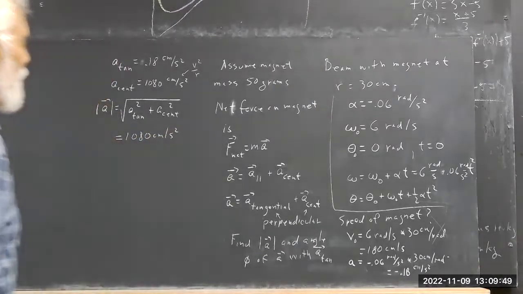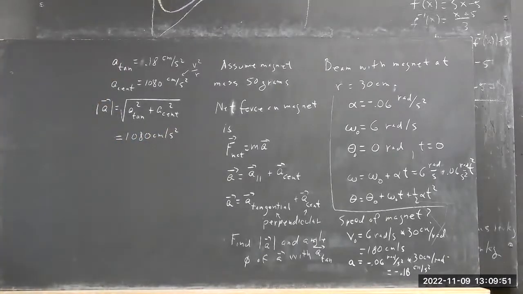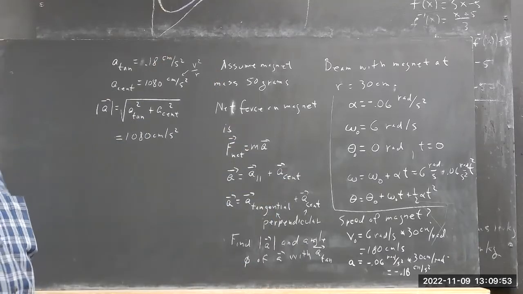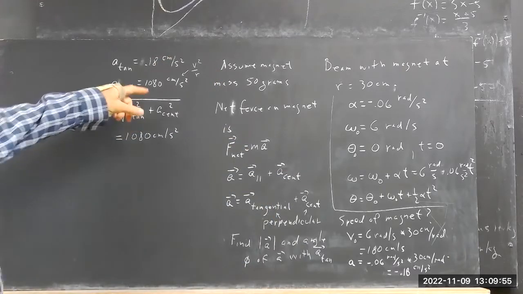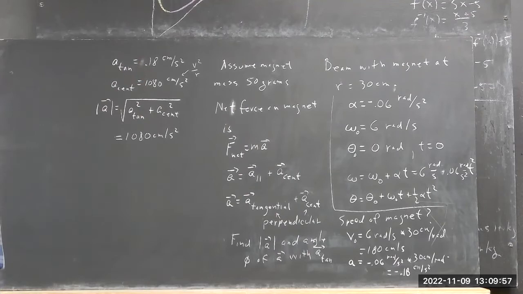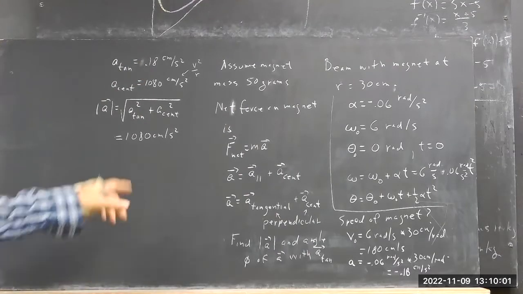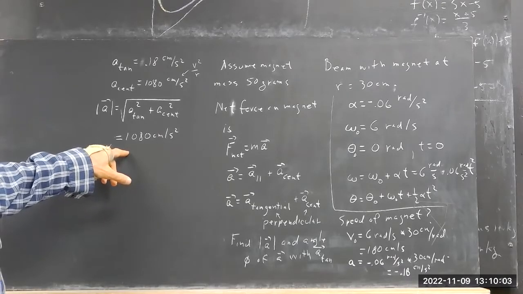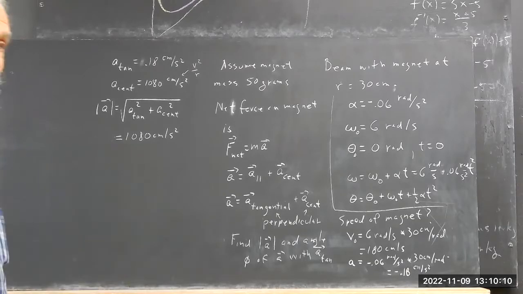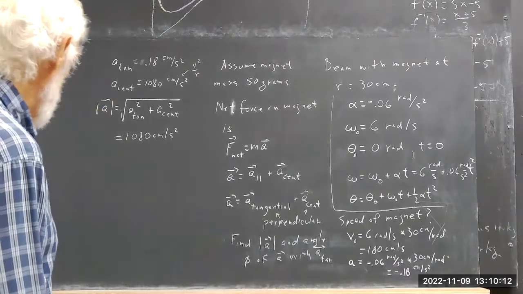Well, that's still 1,080 centimeters per second squared. There are some decimals out there that will change a little bit, but this is like 1/5,000th of that. So the square root's going to be like 1/10,000th off of that, so it's going to be 1080.01.